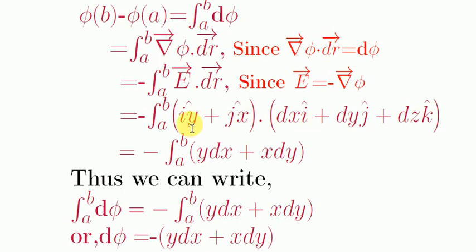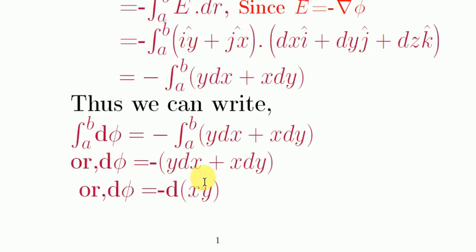So y dx plus x dy, and there is no k cap term, that is 0, and 0 times dz gives us 0, and that is why there is no third term.